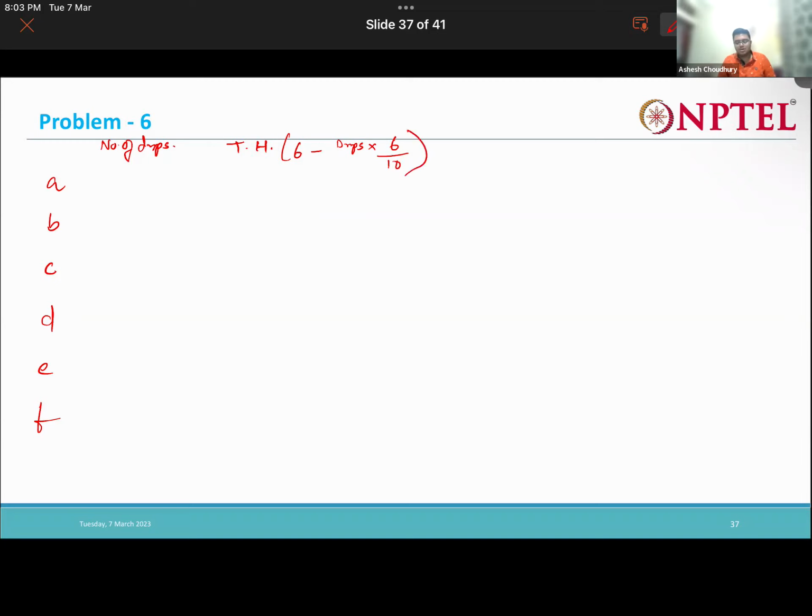Actually, 10 drops are total. There are 10 drops, and in these 10 drops a total of 6 meter is lost. So in each drop, 6 by 10 is lost. So that's why 6 by 10. Okay, this is clear, right? Why 6 by 10 is here?